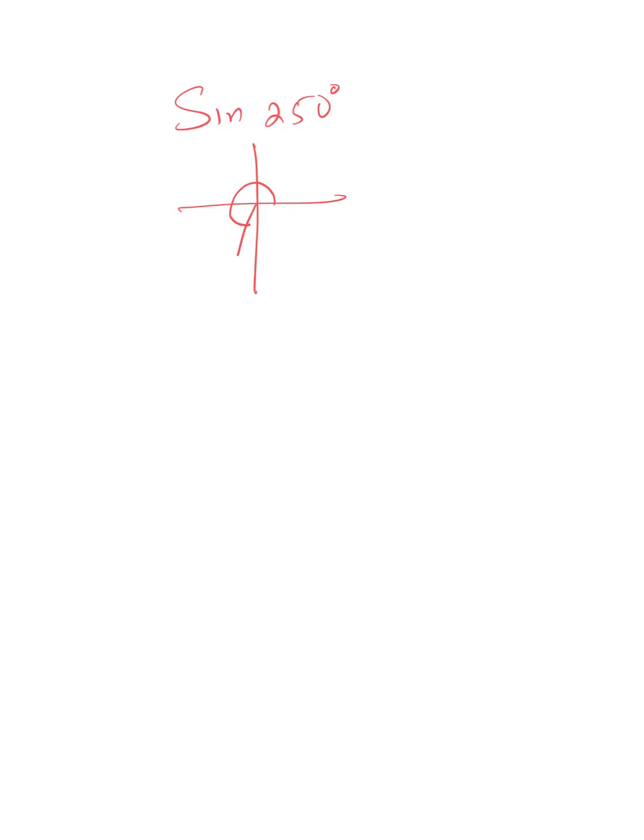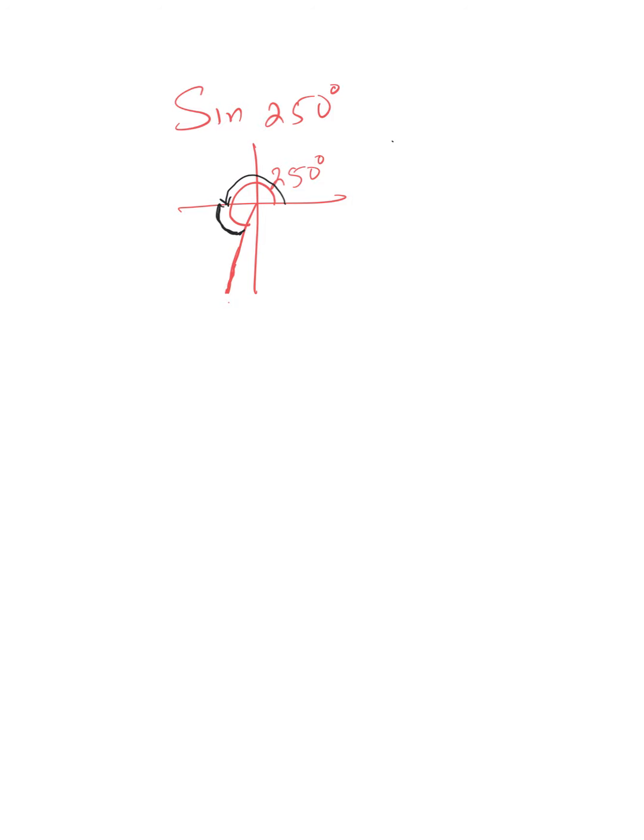250 is this angle, 250 degrees. Please, this is important: we look for the angle between the x-axis and the vector. What we do here is to look for, first of all, this angle. I know that if I move from here up to this point, it is 180.